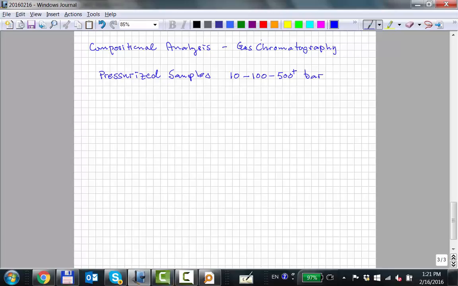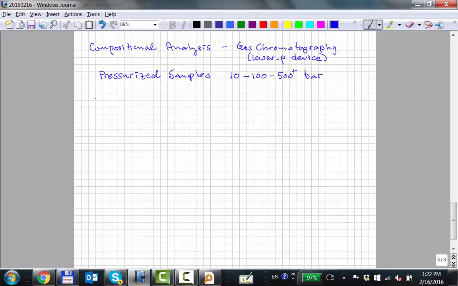It's a lower pressure device. So we can't just send our sample directly into the gas chromatograph and have Hewlett-Packard, the original gas chromatographic company, tell you, oh, you've got 16.2 weight % methane. You can't do it in general.